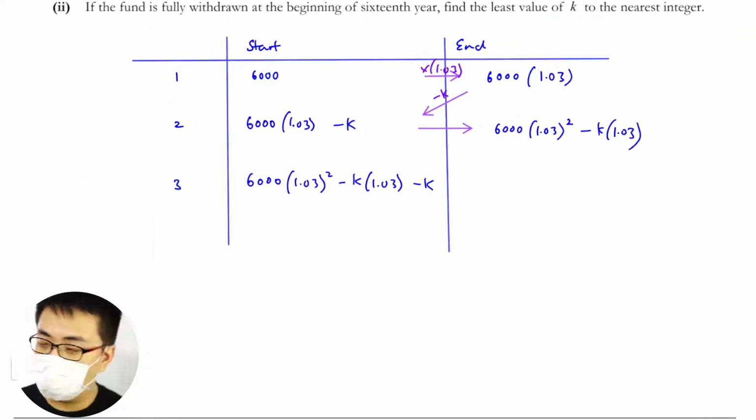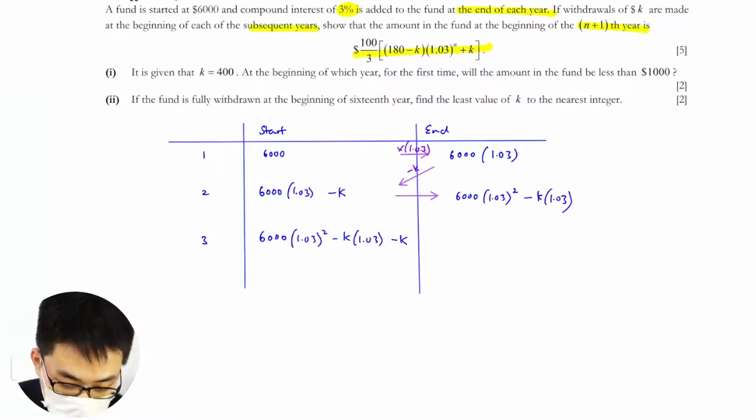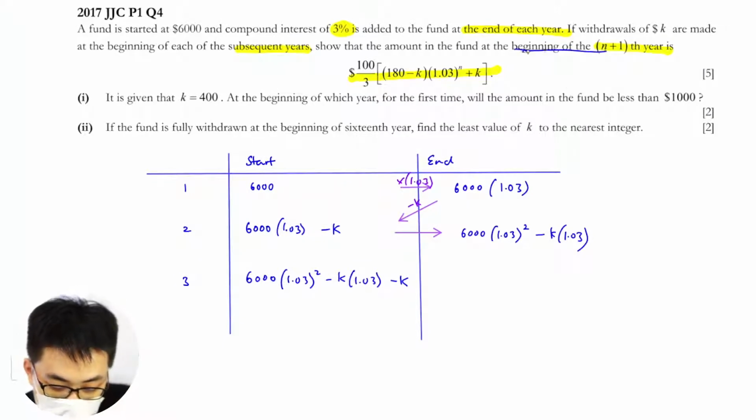Then you just keep repeating until you can see the pattern. I strongly suggest you go and practice bank interest questions. They say they want the beginning of the year, right? Pattern recognition.